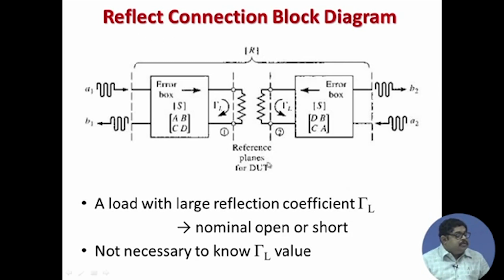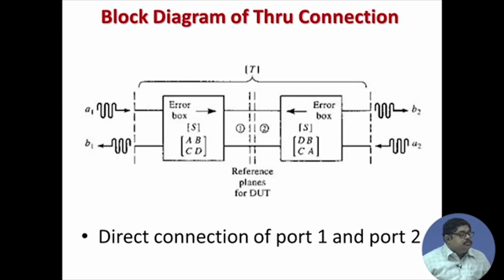So, R. These error boxes will now form an R matrix, like in the previous case where we were connecting T, we called the whole error box and this connection everything the T matrix.